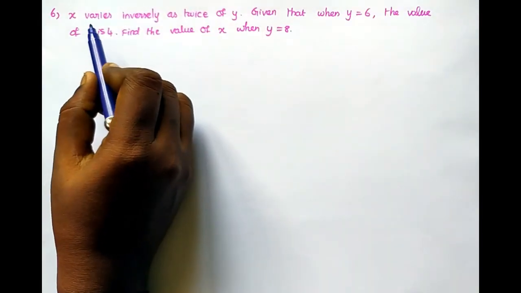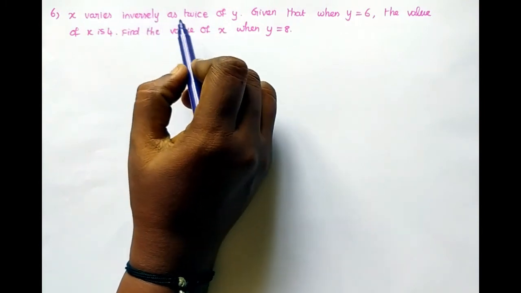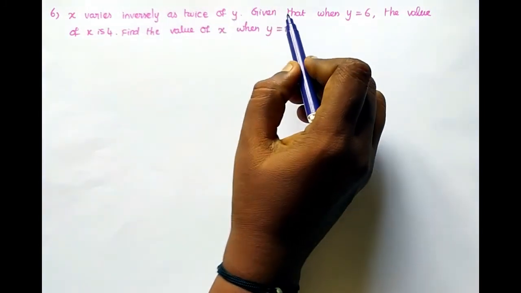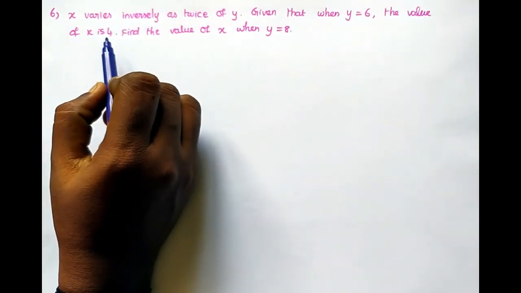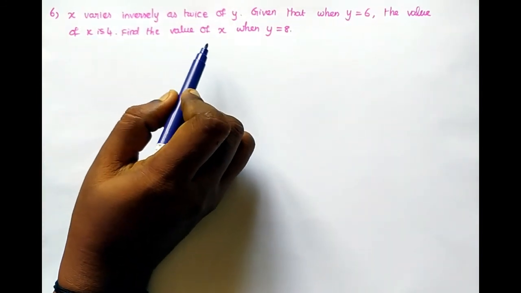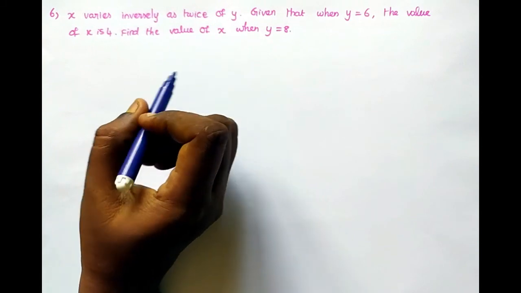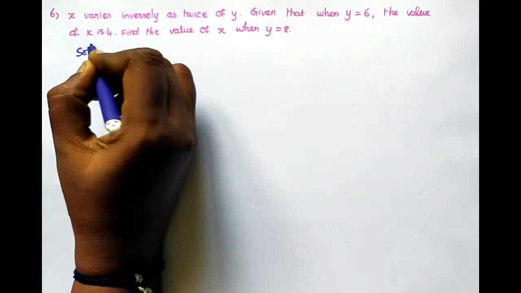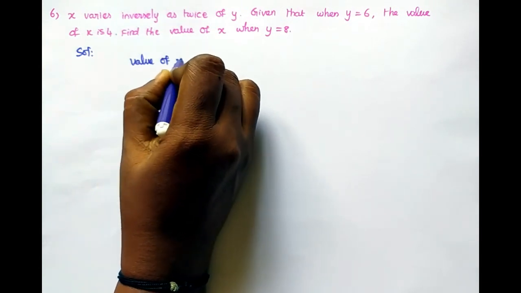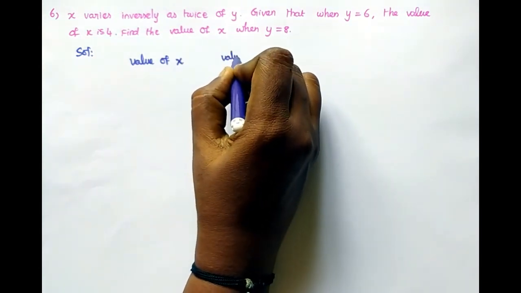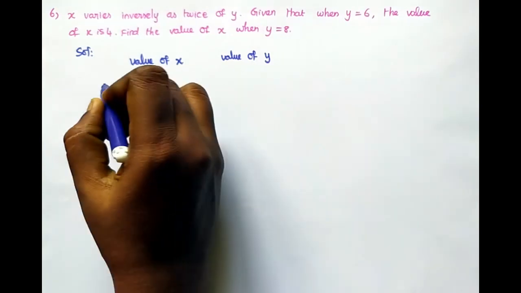Sixth sum, x varies inversely as twice of y. Given that y equal to 6, the value of x is 4. Find the value of x when y equal to 8. As in value of x, value of y.